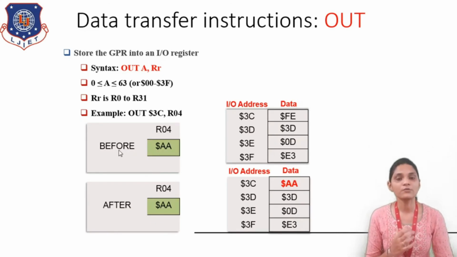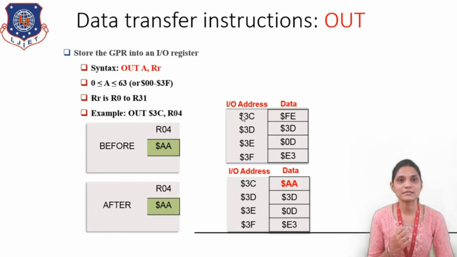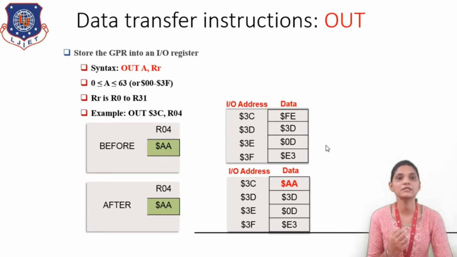So if before execution of instruction, the content of register 4 is like AA, and this port values are like this: $3C is containing FE, then 3D is containing 3D, 3E is containing 03, and so on. But after execution of this instruction, the content of register R4, that is AA, is going to be stored at location 3C. Okay, so after execution, the content of 3C, what is before that execution, that is FE, is going to be replaced by the content AA. Okay, so by this way we can use the OUT instruction.